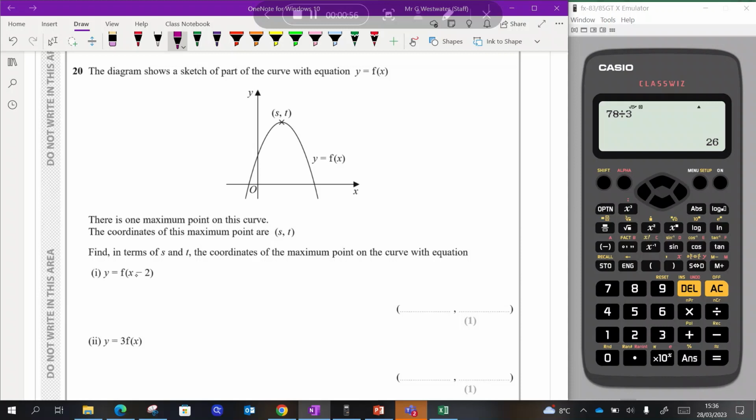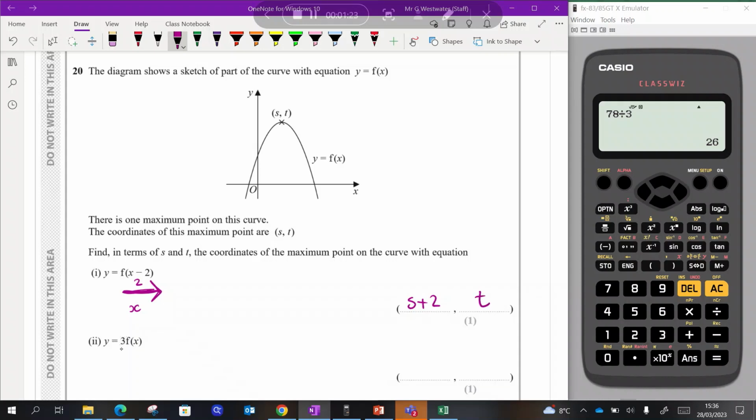So f of x minus 2 is going to be a horizontal translation because we're adding or subtracting, but because it's inside, it's actually going to go to the right 2. So in terms of s comma t, it's only going to affect your x value, which is your s value. So s will become s plus 2, and t will just stay the same.